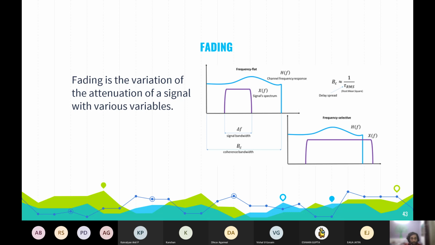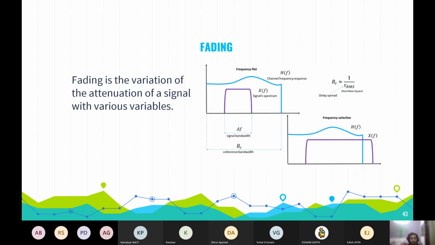We can see the channel bandwidth: if the frequency is higher than this value, the channel will not allow it to pass. And if the frequency is within this value range, then the frequency will be passed, and the variation in the frequency will be as shown by the blue line.